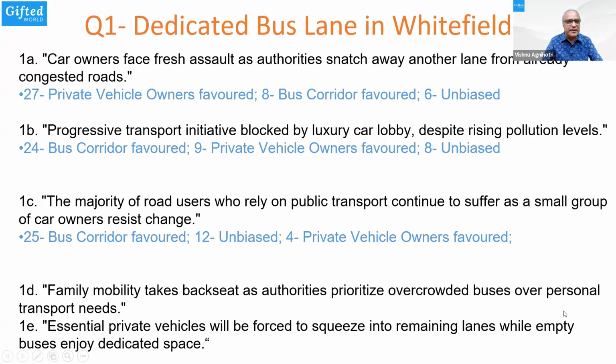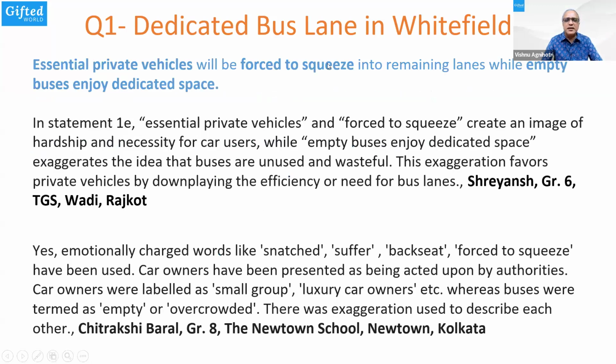But what I want to spend time on is the responses, how it has been analyzed. I'm taking two examples. There were a lot of good responses from students as well as adults. Shreyansh, of grade 6 from Rajkot, the Galaxy School, Wadi, analyzed statement 1E.